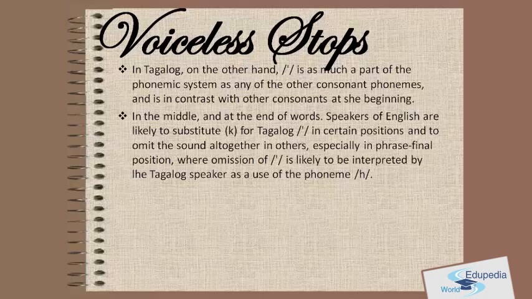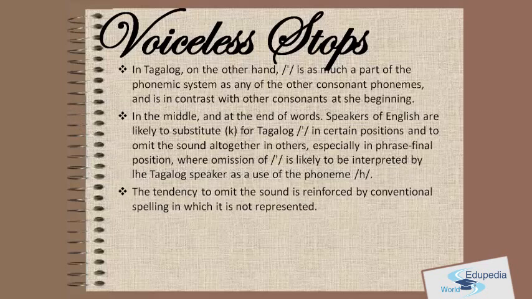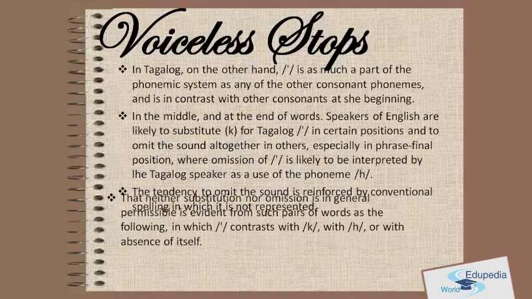Speakers of English are likely to substitute K for the Tagalog glottal stop in a certain position and to omit the sound altogether in others, especially in phrase-final position, where omission of the glottal stop is likely to be interpreted by the Tagalog speaker as the use of the phoneme H. The tendency to omit the sound is reinforced by conventional spelling in which it is not represented.